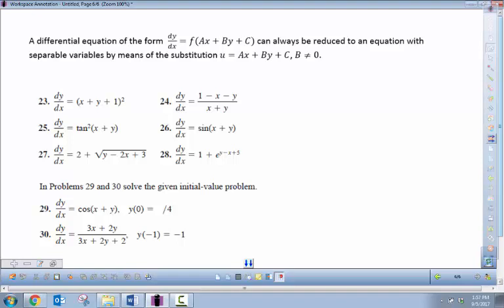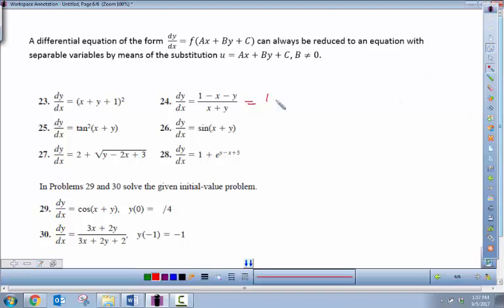Okay. Well, in any case, if somehow you can make this look like a function of an ax plus by plus c expression, then you can do the appropriate substitution.